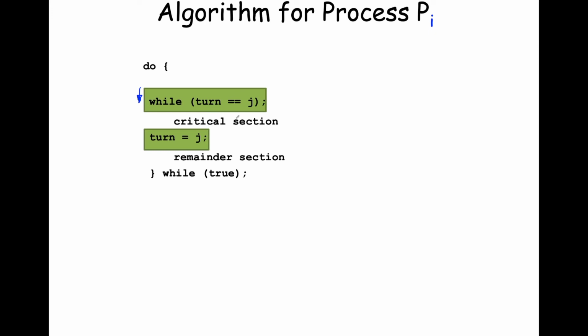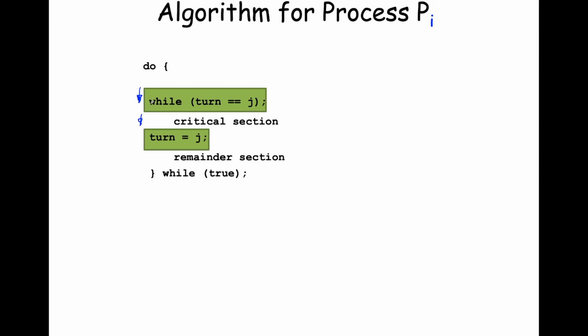So once the j-th process somewhere is done with its turn, this turn variable is set to some other number aside from j, and one of them is going to set it to i. Then once it's set to i, this while condition is false, and execution comes down for this i-th process, which was stuck here in this entry section.